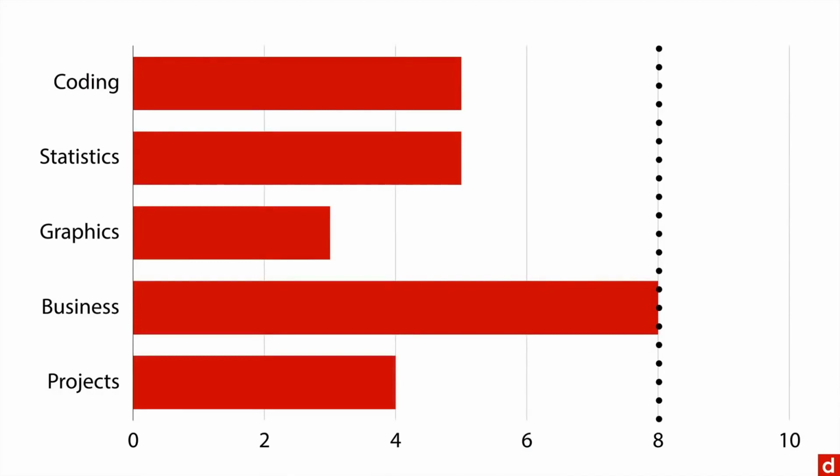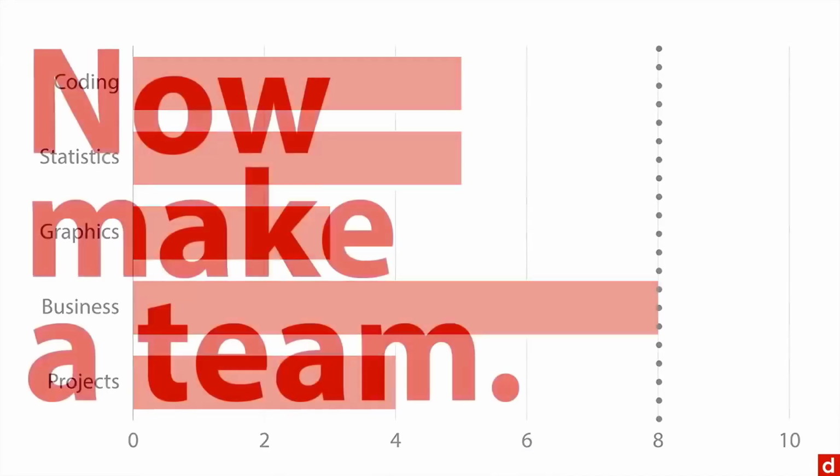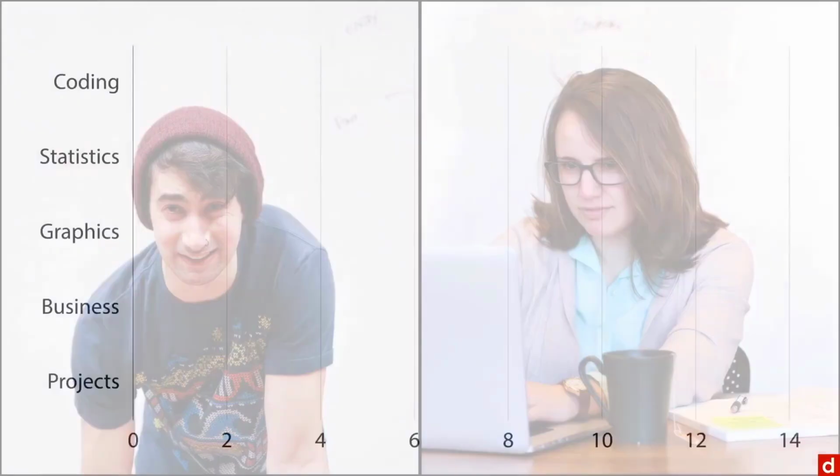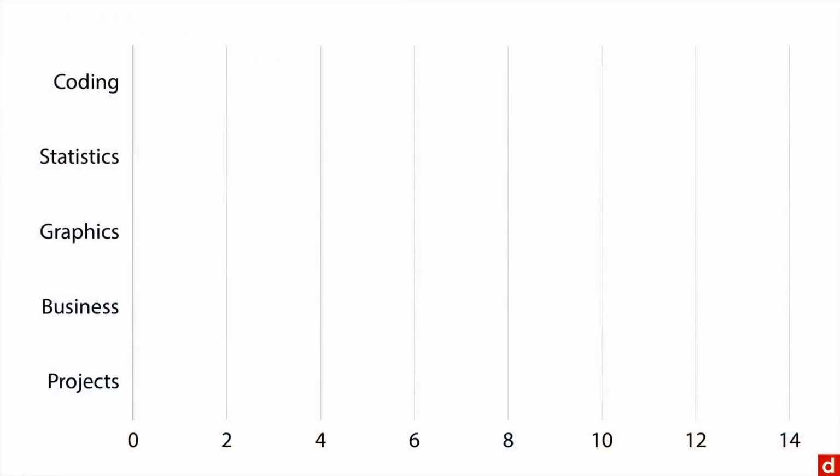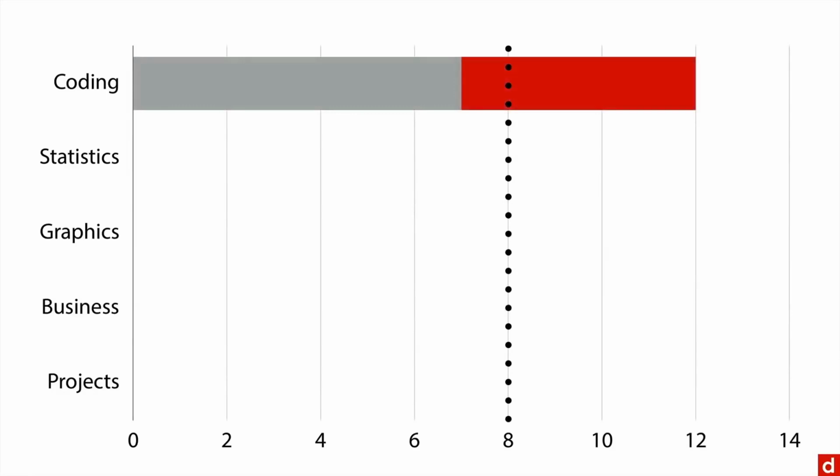Now, the important thing here is that we can make a team. So let's take our 2 fictional people, Otto and Lucy, and put together their abilities. I actually have to change the scale a little bit to accommodate both of them, but our criterion is still 8. We need a level of 8 in order to do the project competently. And if we combine them, oh look, coding's now past 8.